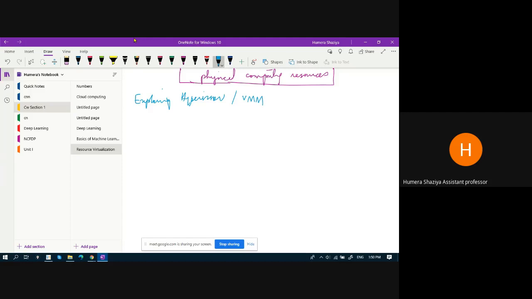Because there is no operating system in this, it itself will monitor and manage the execution of the guest system and the virtual machine.